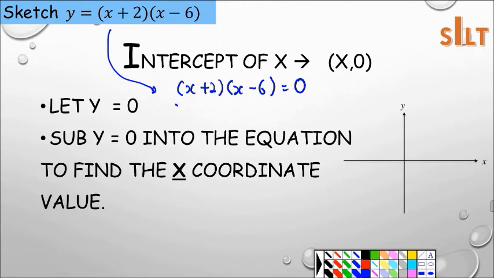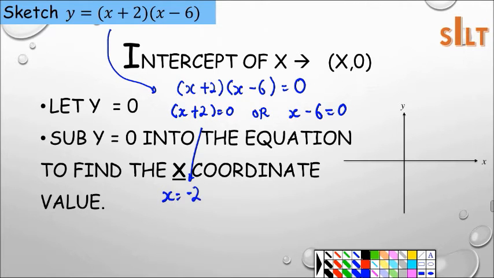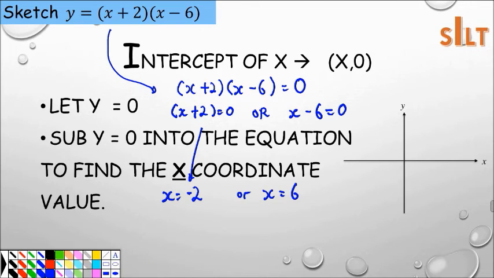And I know that I can write x plus 2 equals 0 or x minus 6 equals 0. Now continue to solve, I will have x equals negative 2 or x equals 6. Now what this means is the x-intercepts will be negative 2 comma 0 and 6 comma 0.